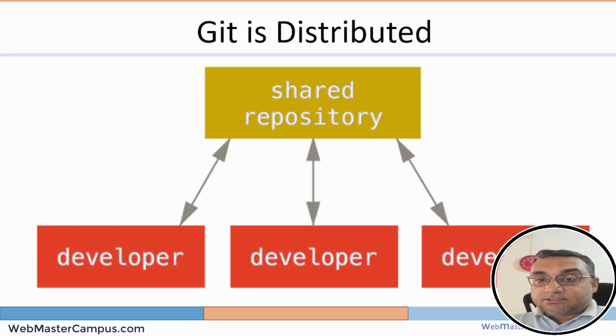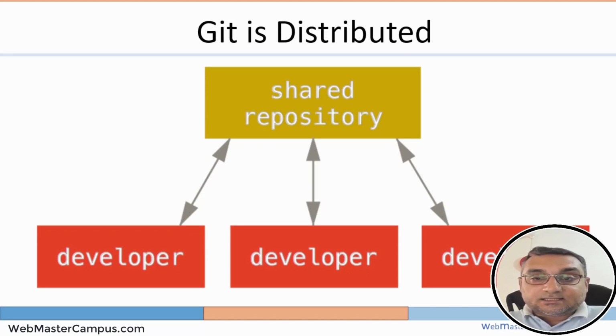Git is distributed. This was included in the definition. Git is distributed means there is a single shared repository, which might be github.com or bitbucket.com, and the developers who are working on those repositories have the complete Git repository on their own local machines.